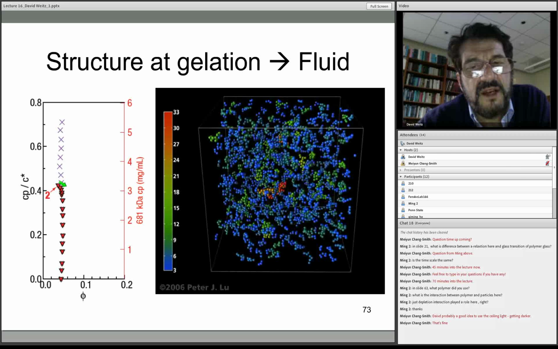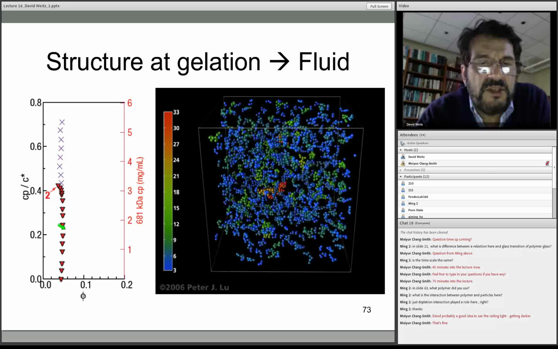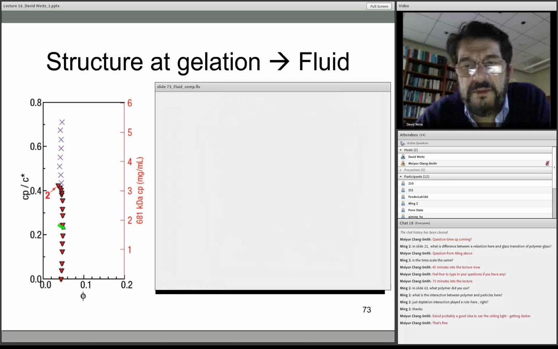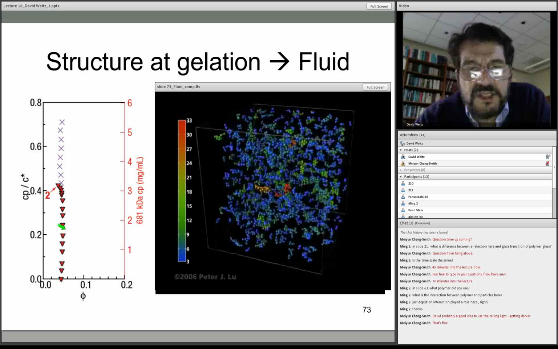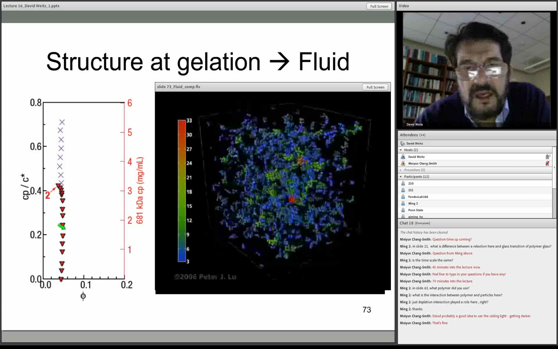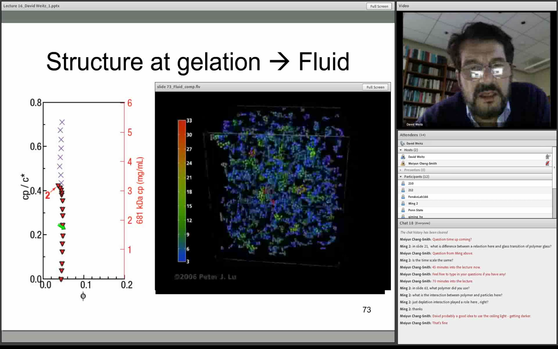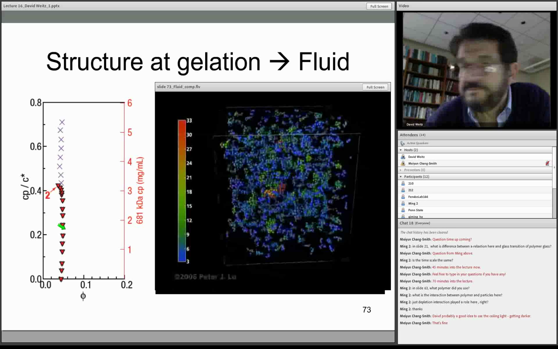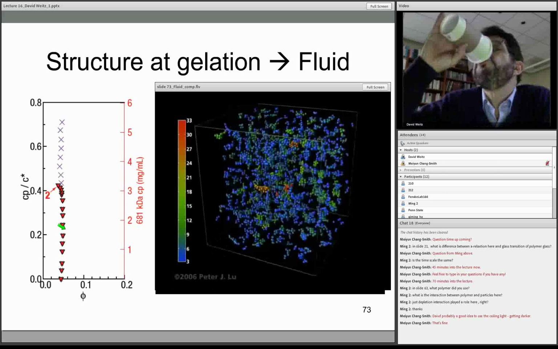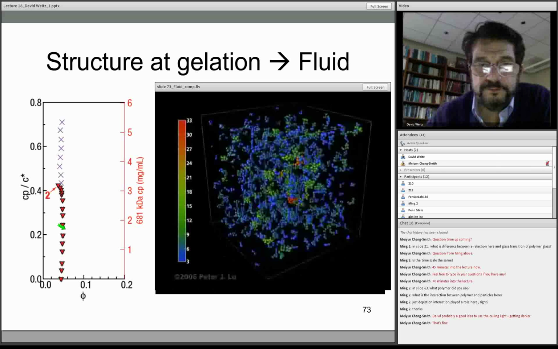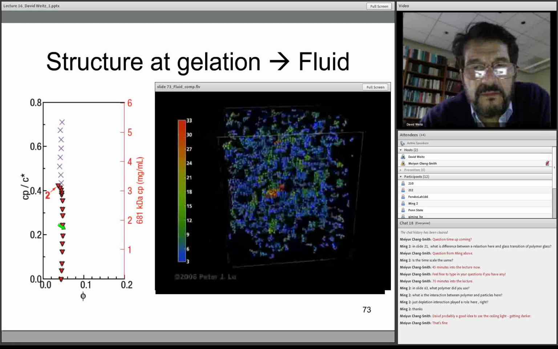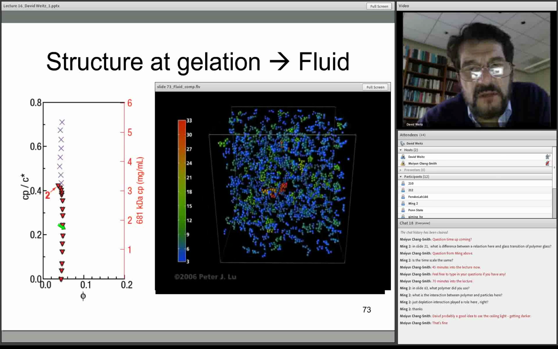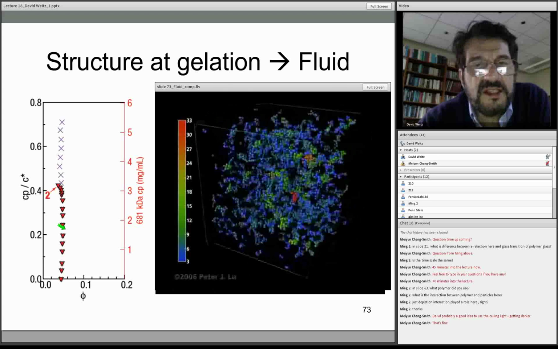point where it gels. And this is a movie that shows a gel, a confocal image of the gel. Can you play this movie, please, Mayun? This is just going to slowly rotate. It's not playing yet on my computer. The bandwidth is not so good on my computer, but this rotates and just rotates around.